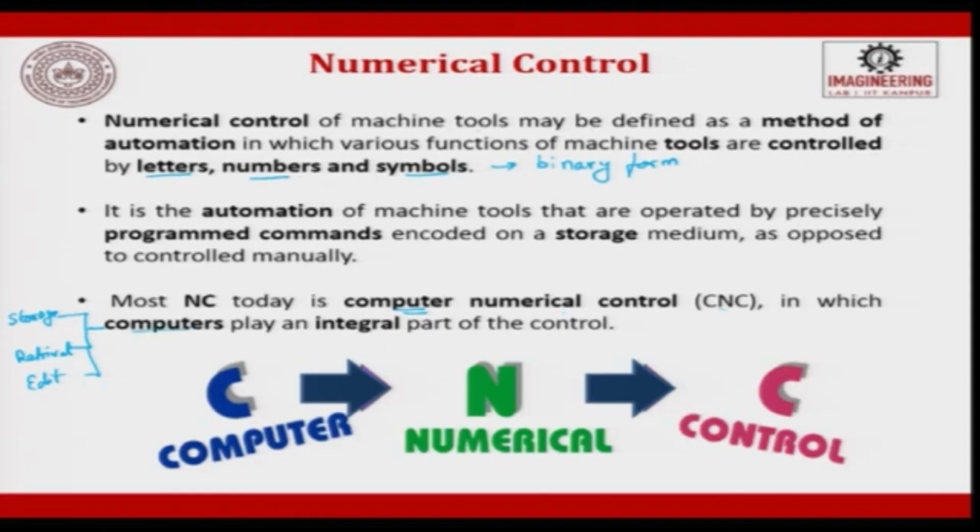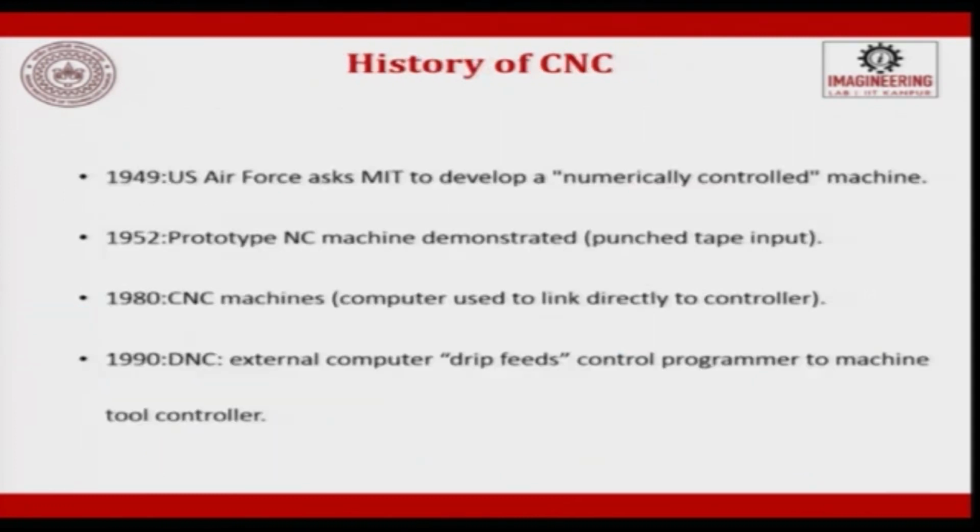So, this made computer an integral part of numerical control. Computer evolution in terms of memory, in terms of retrieval, editing gave a big breakthrough in numerical control. So, computer, numerical, control are the three key words which are used to control in making a part.